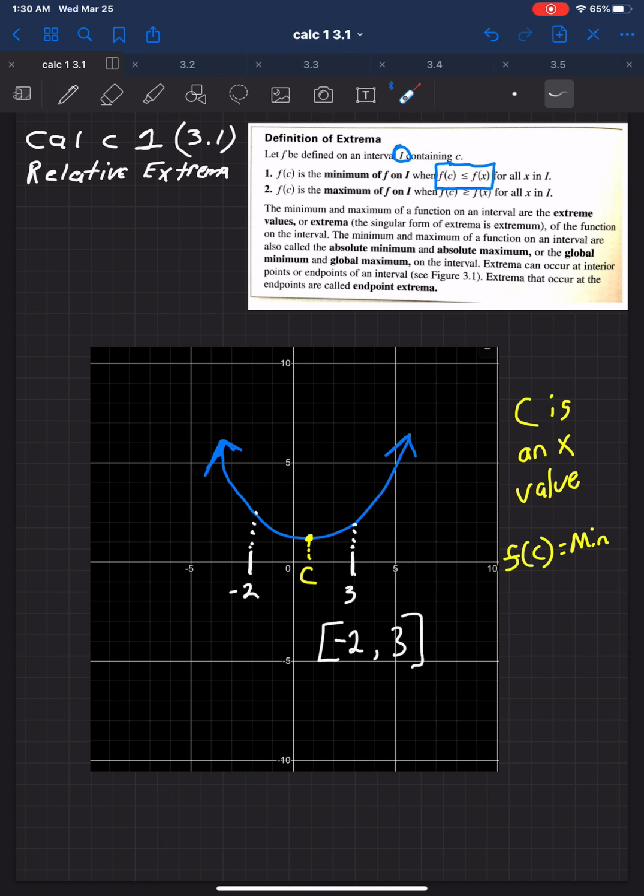Does that make sense? I think that makes sense. So f of C is less than or equal to f of x for all other x values in that same interval. So there's no other values from -2 to +3 where the y value would be less than if you just would have stood still at the point C.